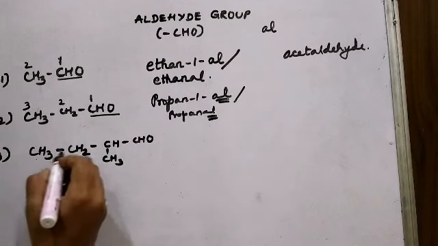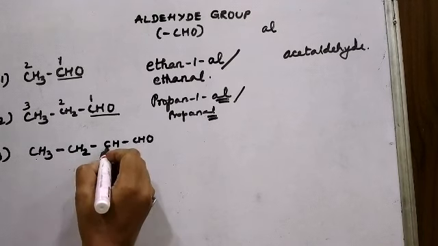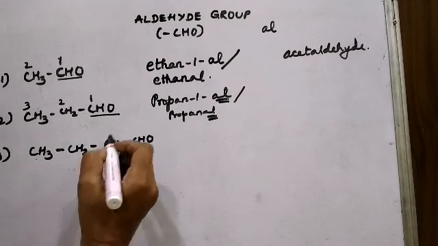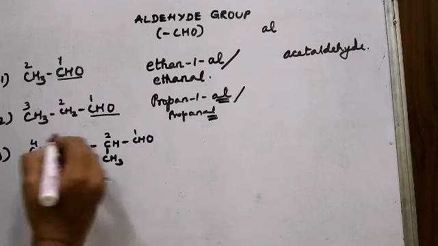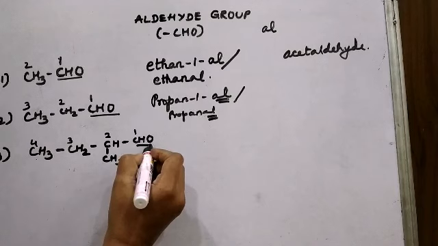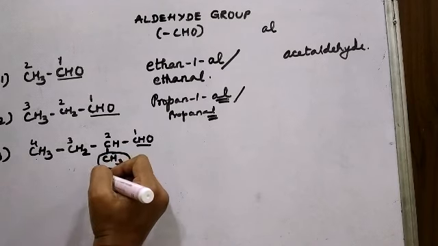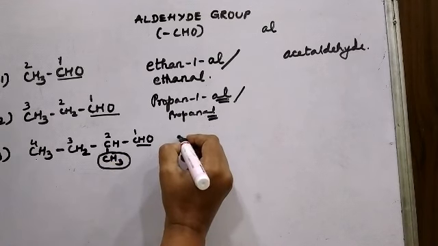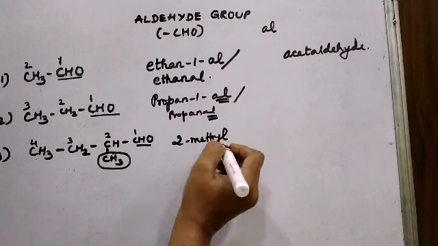Next, CH3, CH2, CH, CHO. They are present in the straight chain, and here you will find that there is a branching. So I am going to assign the lowest number to the functional group because functional group is CHO and there is a substituent here on carbon atom number 2. Okay, so we have a prefix here. This will be 2-methyl. This is a prefix.